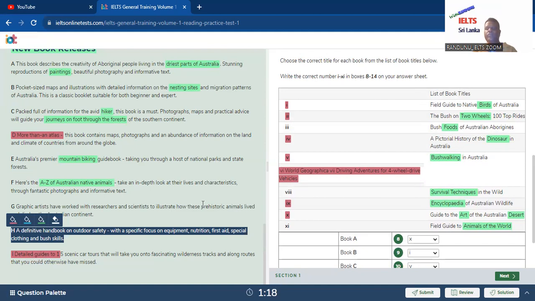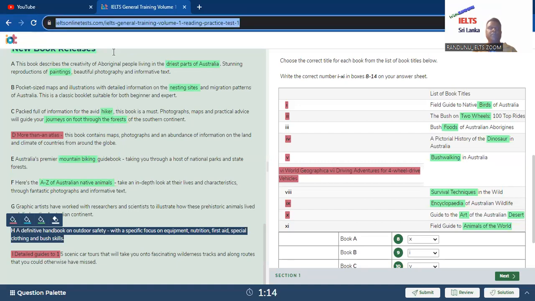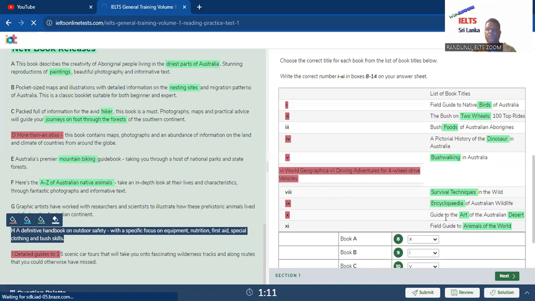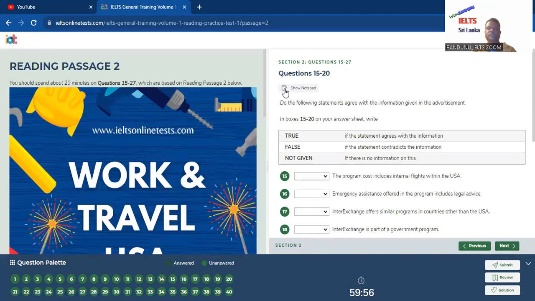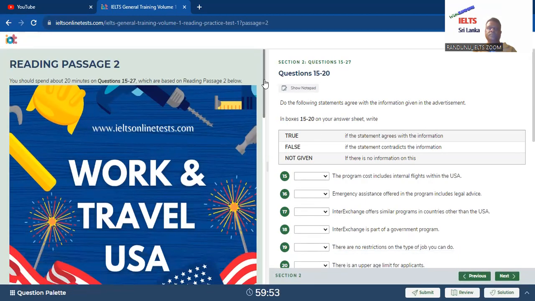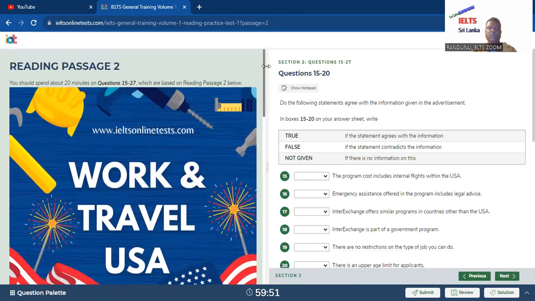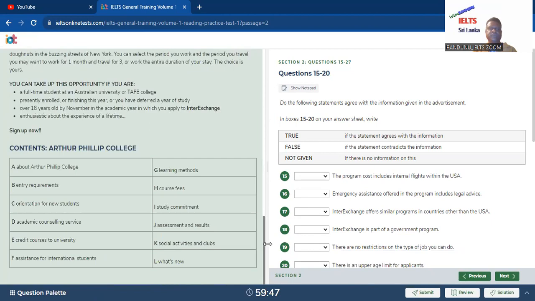Now I will take you to the second section of the same paper. Now section 1 is done, right? Now section 2. In section 2 also there are 2 passages.